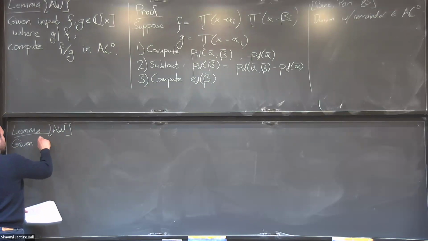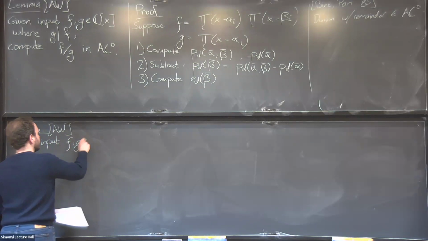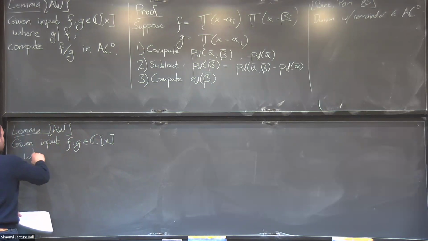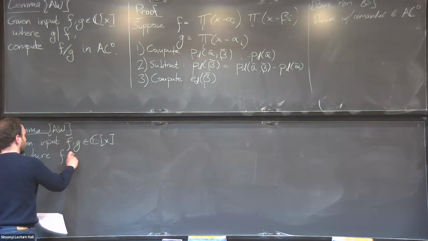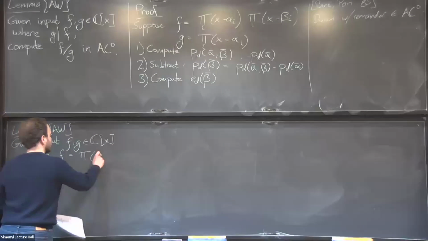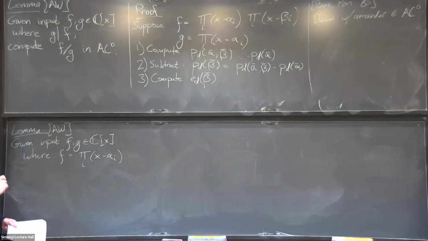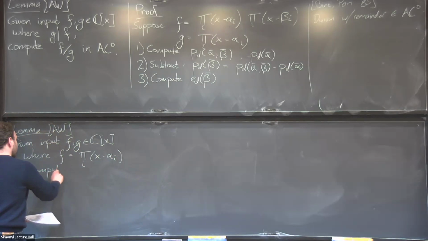So let's say I'm given two polynomials, f and g, where f factors into this set of factors x minus alpha i. We can compute the following thing in AC0.